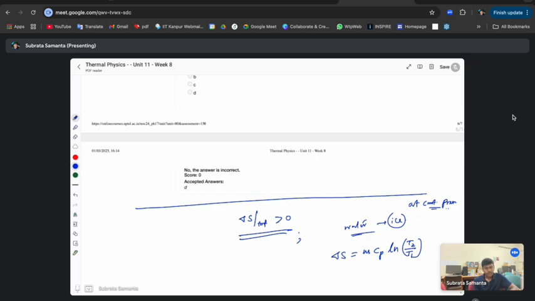And this is a positive number, right? Because in the surroundings there is no change in entropy. And delta S total is positive, so it's positive.